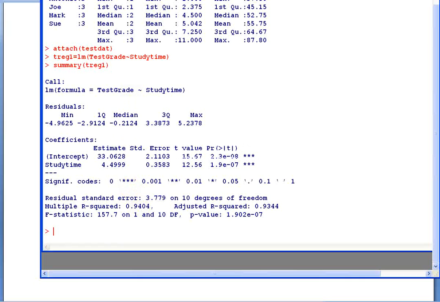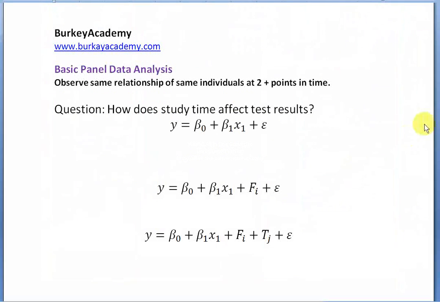Maybe the data I made up didn't have enough variation in it that's unobserved so far. We'll see what happens. So here we have the results that, let's see, test grade equals 33 roughly, I'll just round off here, plus 4.5 times the number of hours that you study.